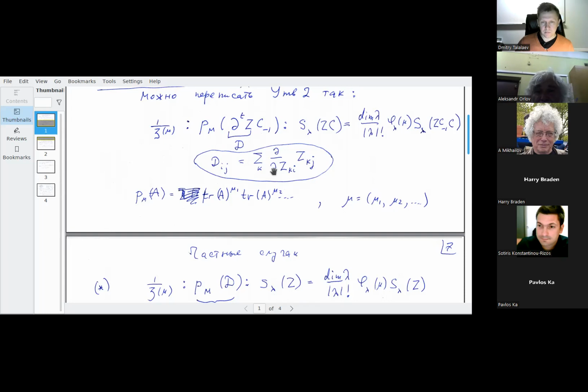So the entry of this matrix 1 1, and we know what is trace, and we know what is the product, and take the trace of this product. And we have a set of numbers, mu1, mu2, and so on. It is a partition. So for example, for mu equal 1 0 0 0, what is this? It is just the trace of this thing. This is matrix D, what is written here, and this is matrix C. It is the product of two matrices, and the trace.